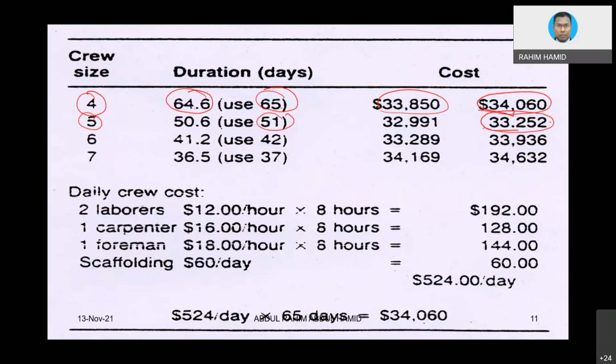If, for instance, in the initial planning, you do not know how much the cost will be, if you do the exercise for the first time, you can play around, okay? And you see there is a potential that the cost will decrease. But then, how about if you use a different crew, 6? Then you see the cost is going to go up again because you use additional scaffolding.